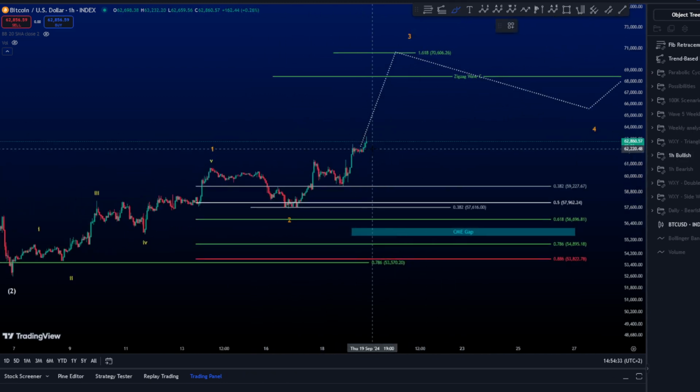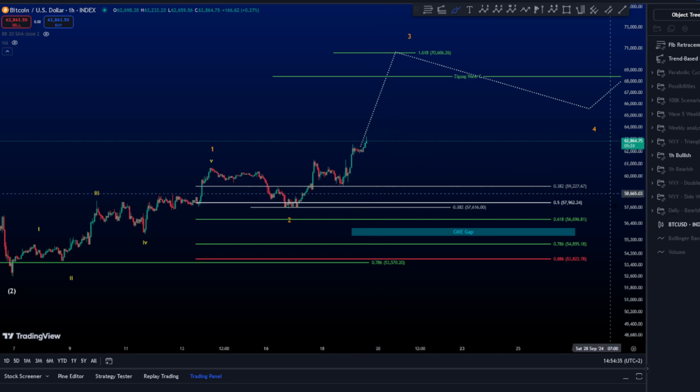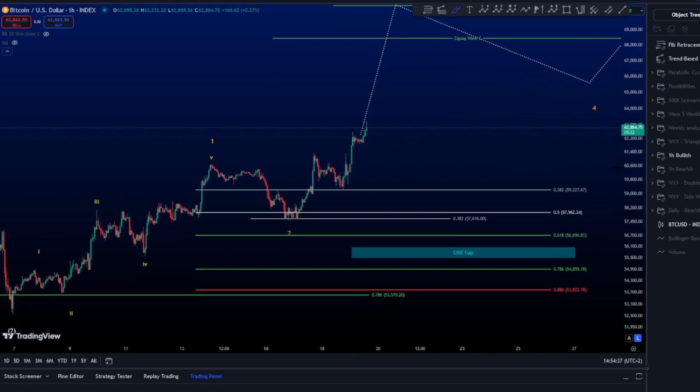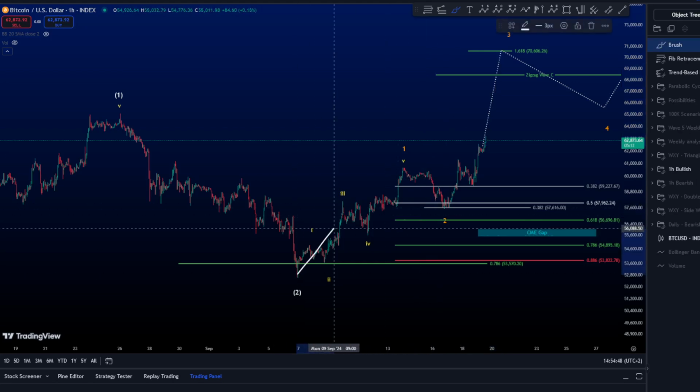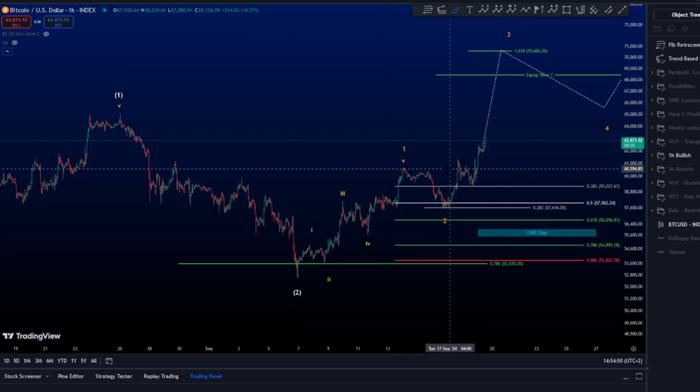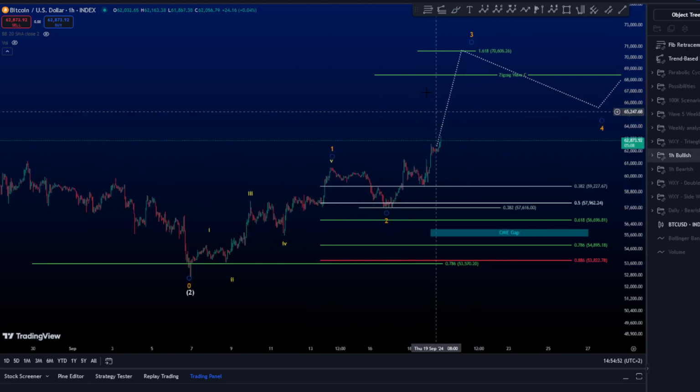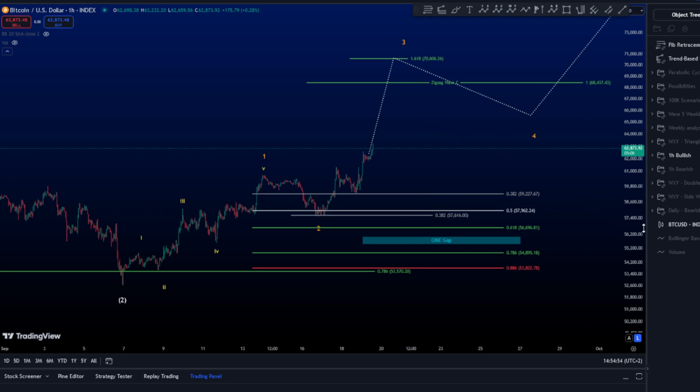I want to get this out a little earlier and tell you the possibility in case we get rejection from there. If that happens and we don't see a big, massive wave 3 towards the upside after a 1-2, then this might be a change of structure.